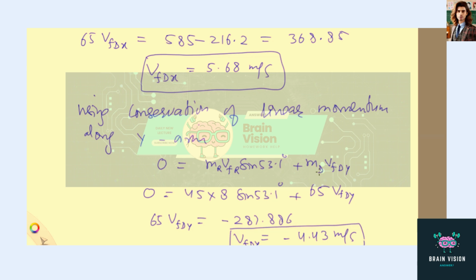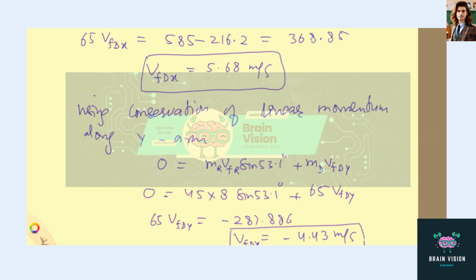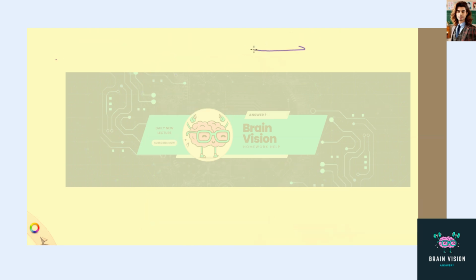Hence, finally, we can find the net speed of Daniel after the collision. If we mark this as the horizontal component v_fDx and this as the vertical component v_fDy, then the final speed after the collision for Daniel is this v_fD at an angle theta.